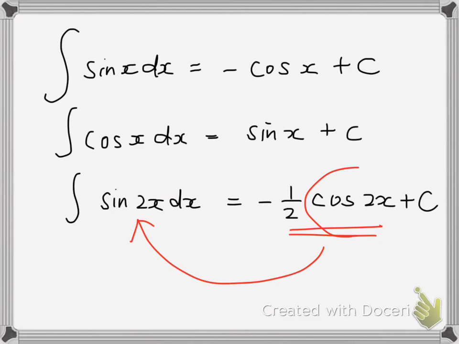You differentiate cosine 2x, then you get negative sine 2x, and then a 2, yes? So 2 times negative half is positive 1. So if you're not so sure, you will just differentiate your answer. It should give you the question. Okay? So that's how it works.